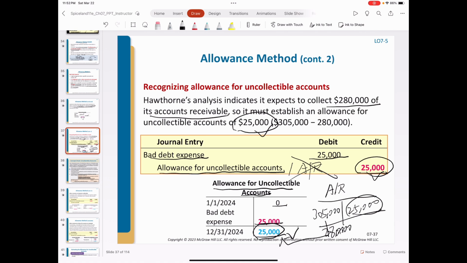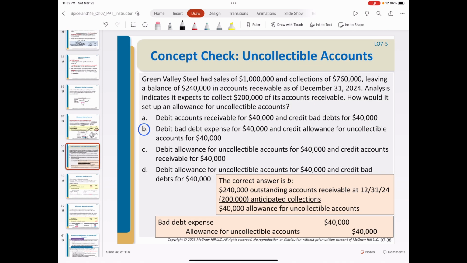The reason is this amount is an estimate. So the credit sales were $1 million, collections 760,000. So the balance of accounts receivable is 240,000 as of December 31st, 2024.